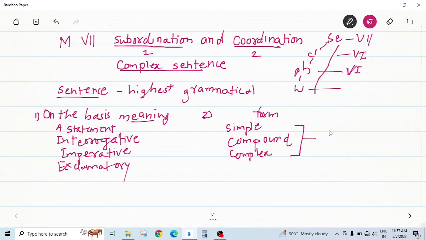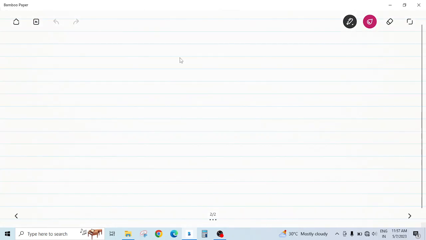But in modern grammar, modern grammarians divide sentences only into two types, that is simple and complex. This is important.